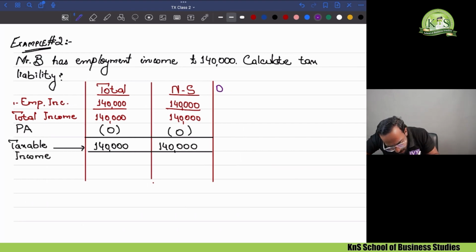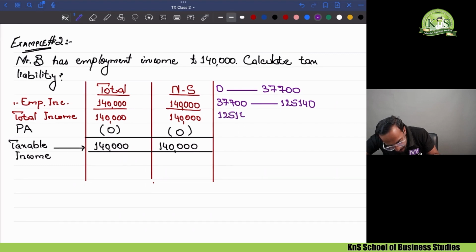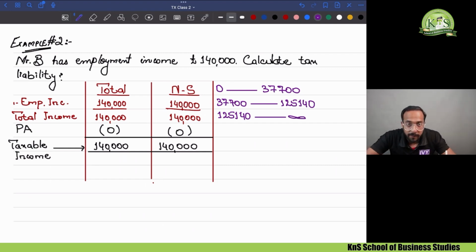Your basic band starts at 0 and ends at 37,700. Then your second band, the higher rate band, runs up to 1,25,140. And the last, additional band, starts from 1,25,140 and goes till infinity, or you can write above.